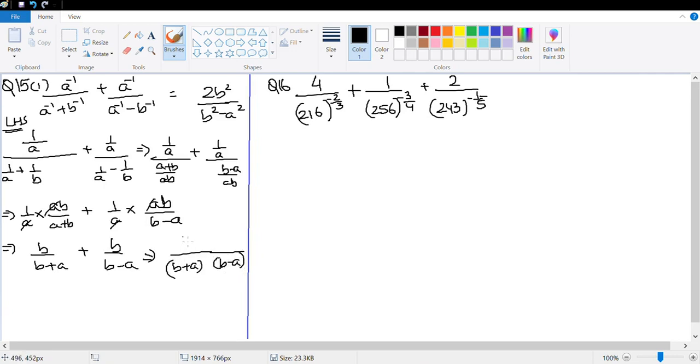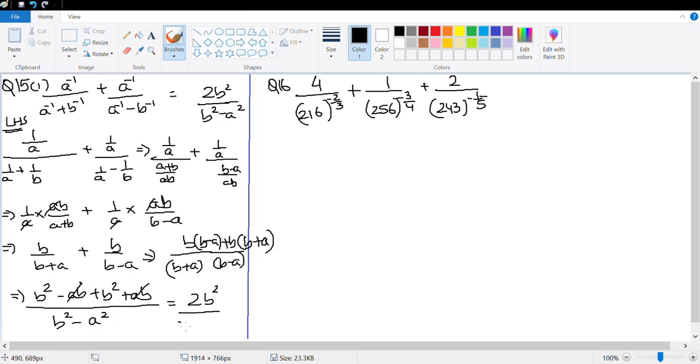So this will be b times b minus a plus b times b plus a. So this is b square minus ab plus b square plus ab upon b square minus a square. This and this gets cancelled, so this is 2b square upon b square minus a square. This is equal to right hand side. Perfect, hence proved.